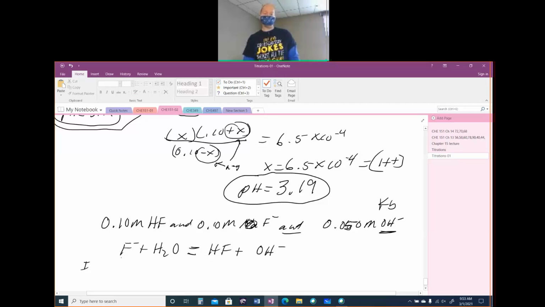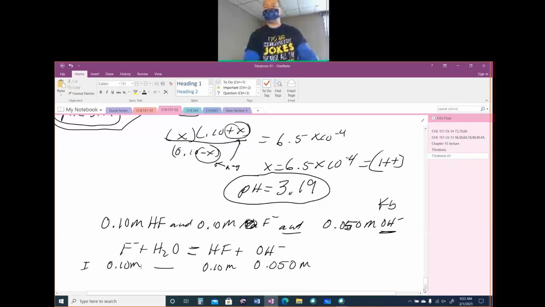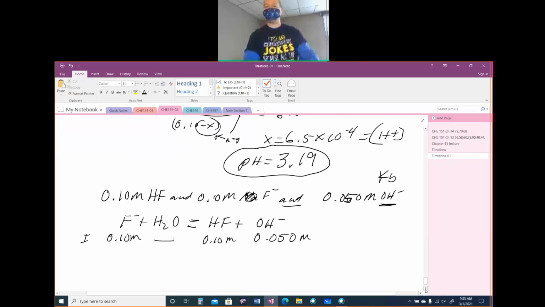So your initial, F minus, 0.1. Water's a liquid. We never count it. HF, 0.10. OH minus, 0.050. So those are the concentrations. And you should notice right away that there is not a 0 on the right.